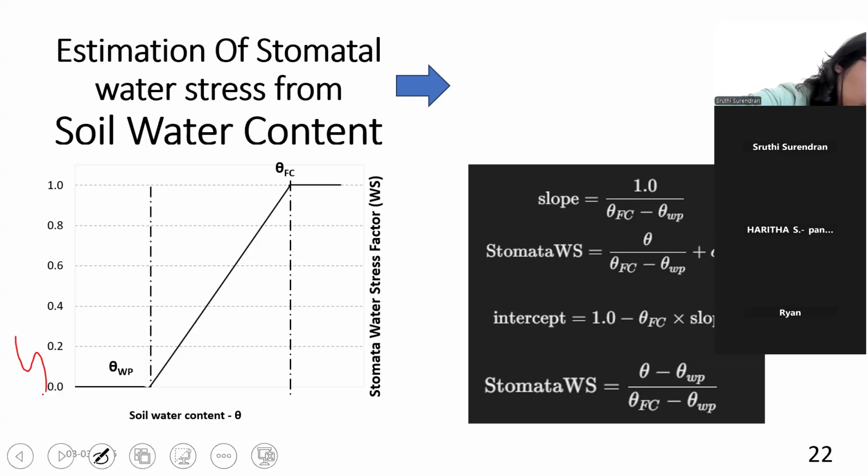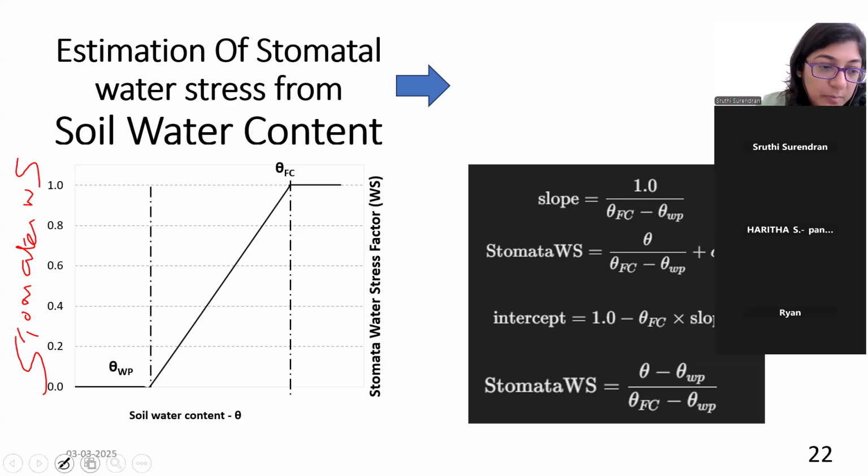The y-axis is stomata water stress, and the x-axis is the soil water content. When I say soil water content, it is soil volumetric water content.